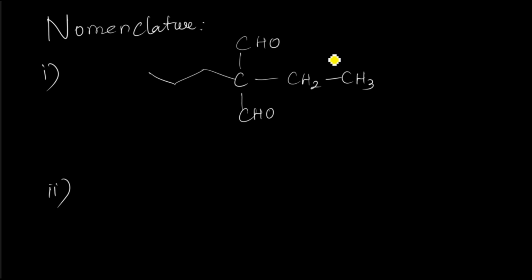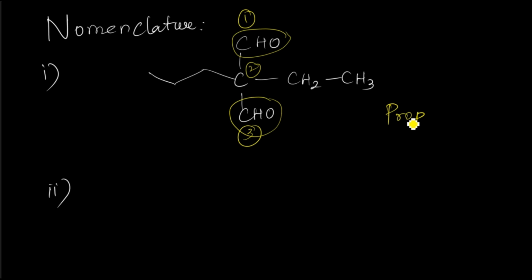How to name this compound? If we have two same functional groups attached to the same carbon, you can take one of those functional groups as one terminal and the other functional group as the other terminal of the principal chain. In that case, 1, 2, 3 is our principal chain, so the name of the principal chain is propane.